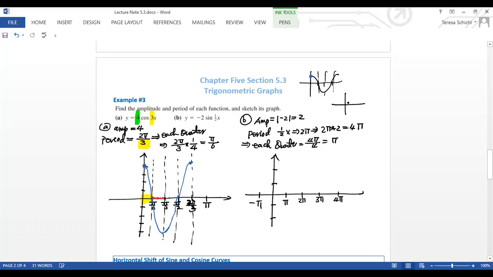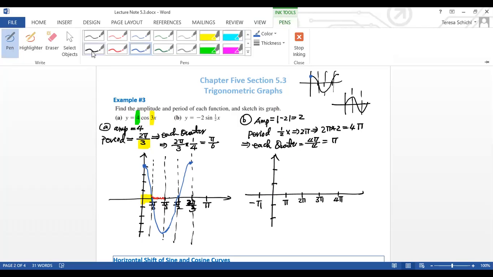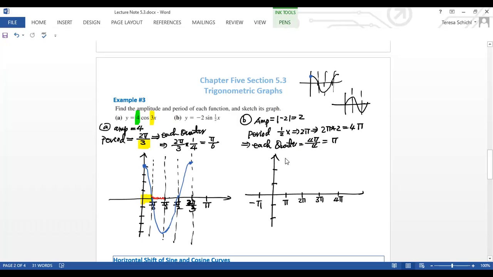So I know the sine graph, right? This is the parent function of the sine graph. The first one is zeros, so you're going up to the first quarter here. This is the first quarter, second quarter, third quarter, and the fourth quarter, right?